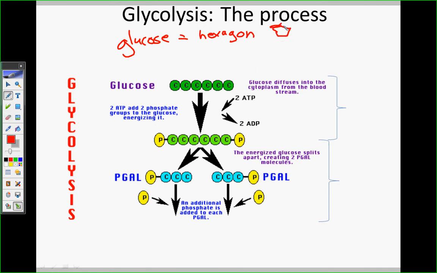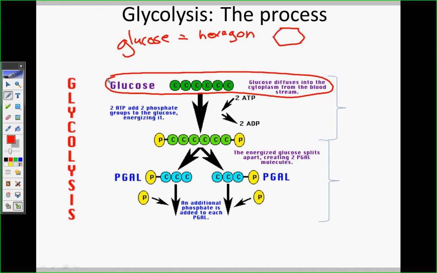Let me try that again. Yeah, packing geometry. Here we go. Yes, that's much better. All right, so we think of a hexagon. Now, for all intents and purposes, we like to think of this as a straight line carbon chain for this activity. So glucose, all right, so we have this guy right here. Here is glucose.